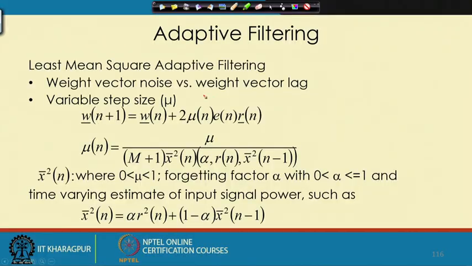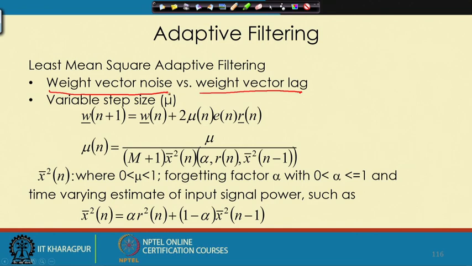Now, what could be the ideal situation then? You would like to have mu change over time. Initially, if mu is a little high, then we can update quickly and have low weight vector lag, and once it converges, if we reduce it, then we can get less weight vector noise. So, both we can minimize.